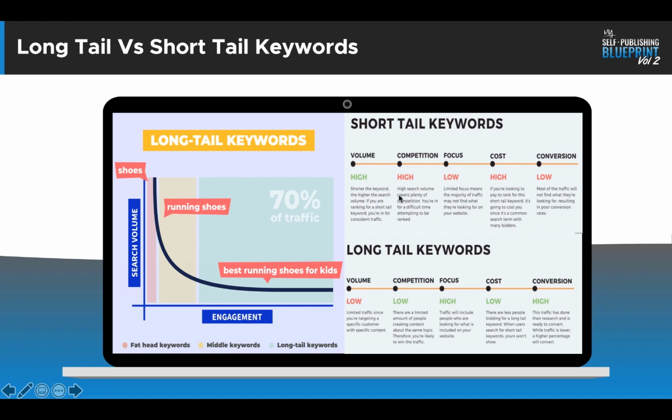A high-volume search term means plenty of competition, so you're in for a difficult time ranking. Focus is limited, which means the majority of your traffic may not find what they're looking for on your website. So you're going to be spending a lot more, because the majority of people are going to click, look at your book, and not really want it because it's not exactly what they want.